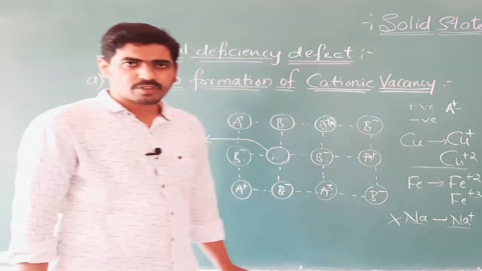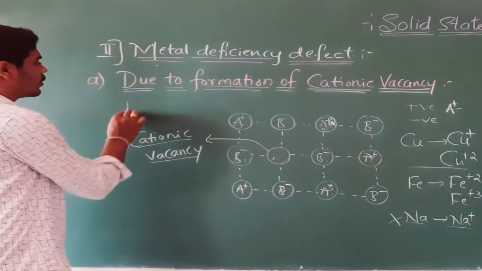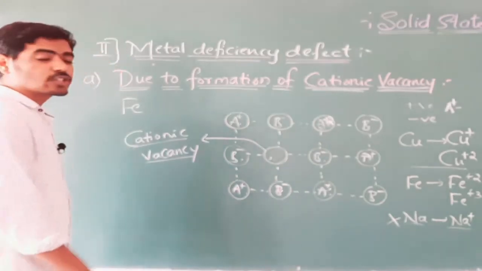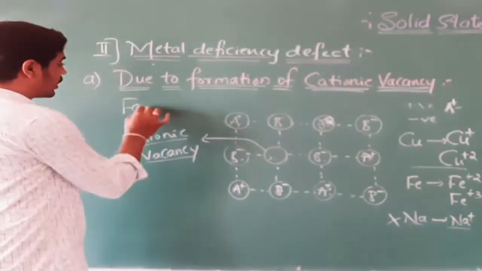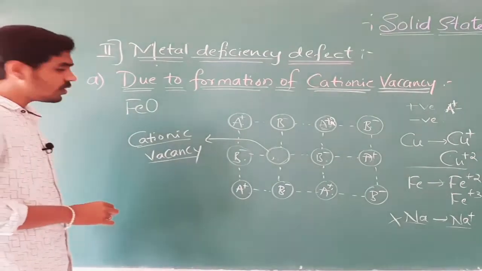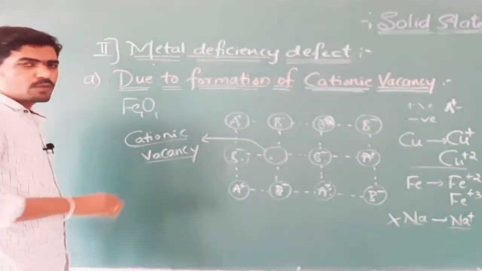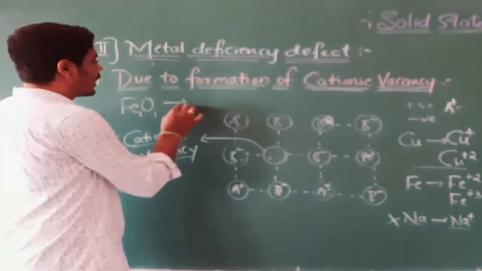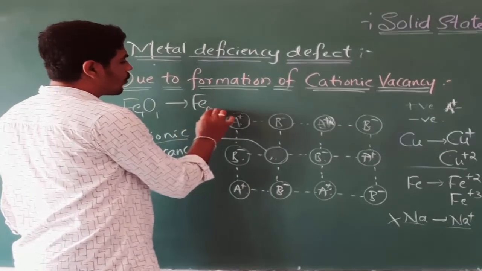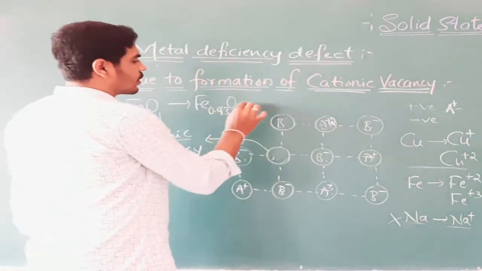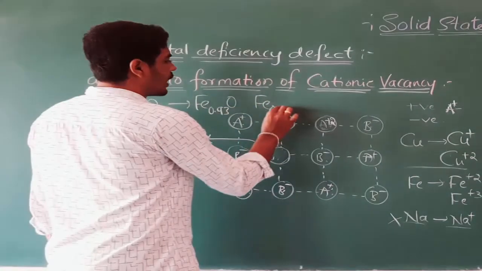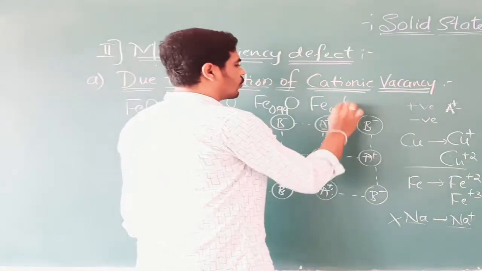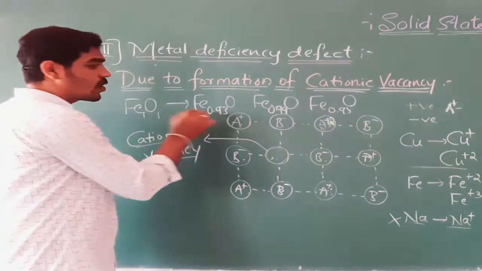Remember this point. Okay, I have given one example while explaining the non-stoichiometric defect in the introduction of crystal defects. So here if I consider FeO, one Fe, one oxygen would be present, but actually you will get Fe0.93O, Fe0.94O, Fe0.95O, such types of iron oxides.